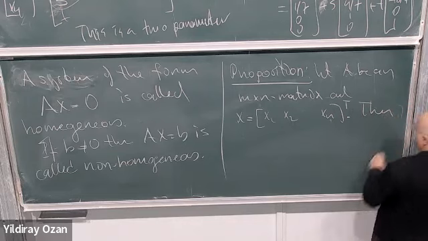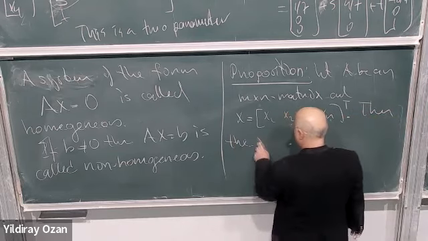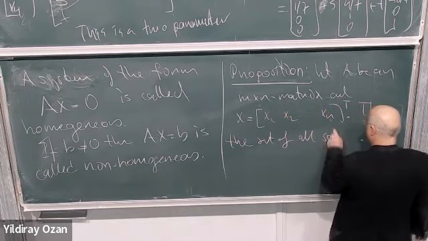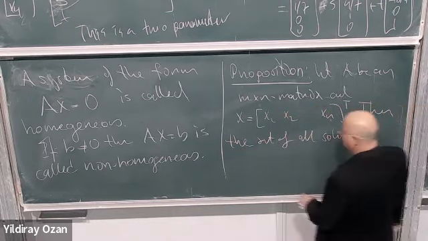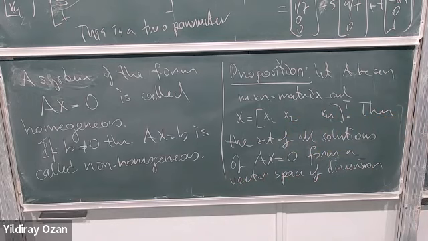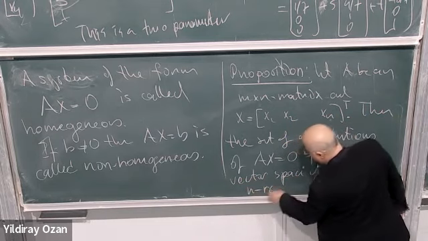Then the set of all solutions of Ax equals 0 is a vector space, of dimension n minus the rank of A.